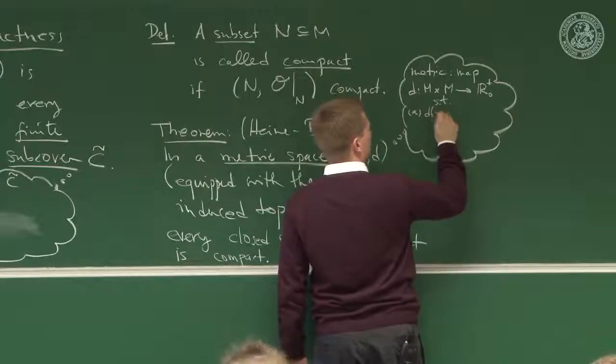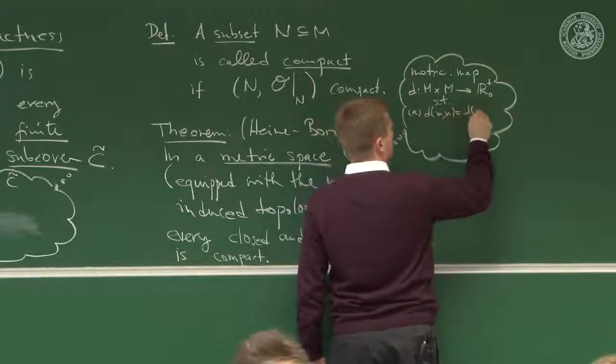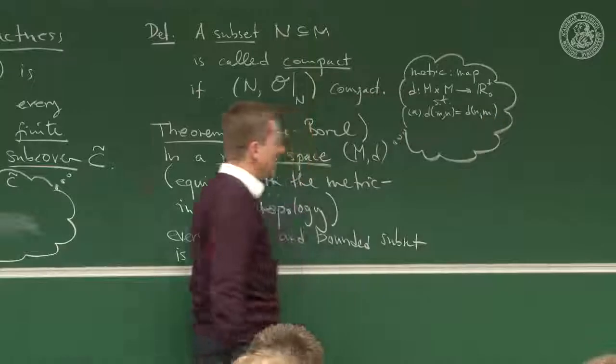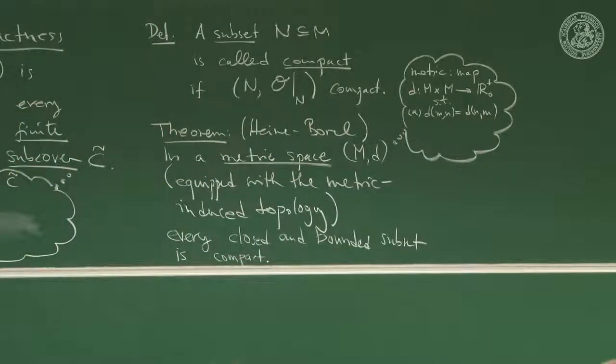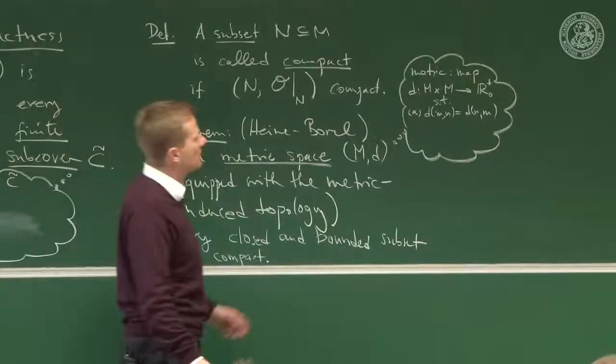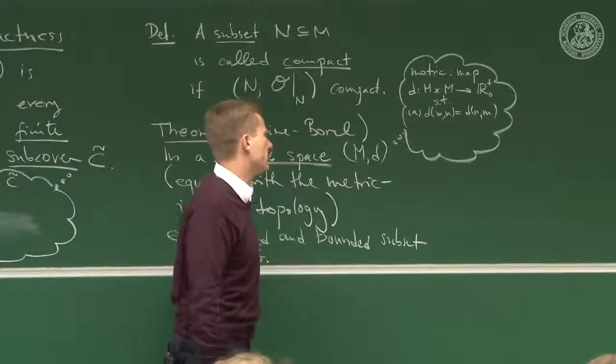First, the metric acting on (m, n) is the same as the metric on (n, m). That means from Paris to London, it's the same distance as it is from London to Paris.